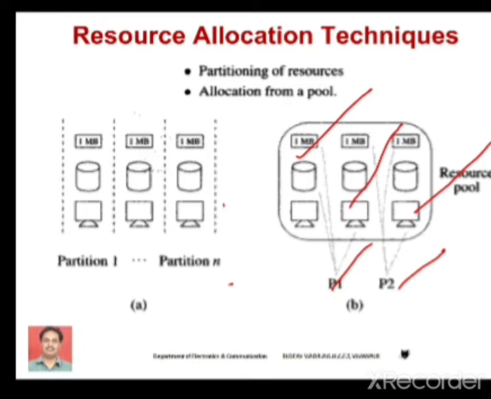You may or may not like what the hotel is providing. So it is an example of partitioning of resources or static allocation. Here the advantage is that it is easy to implement, but it leads to wastage of resources because you are going to get dishes which you may or may not like. Some of the dishes will get wasted.